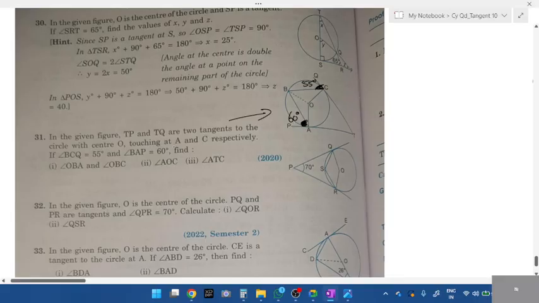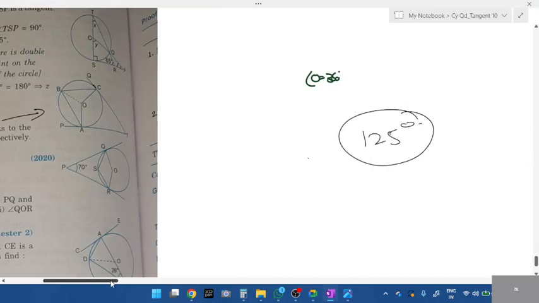Find OBA. OBC. AOC. ATC. Even this is a simple one, but you'll have to think about this before solving. Let me copy the diagram.